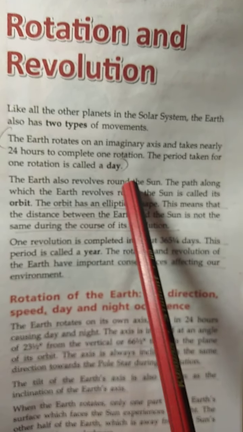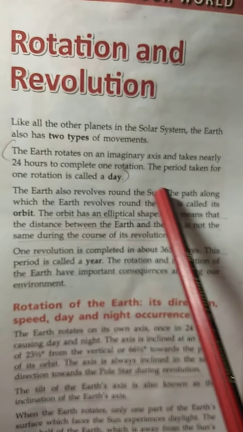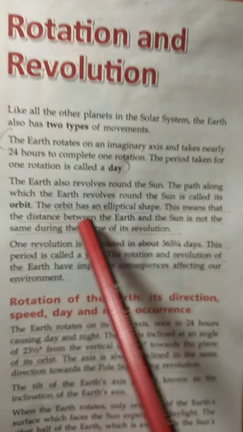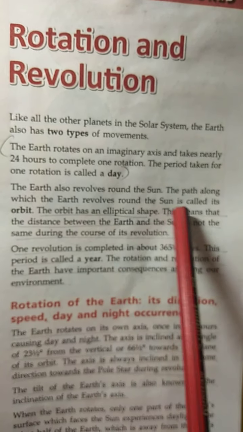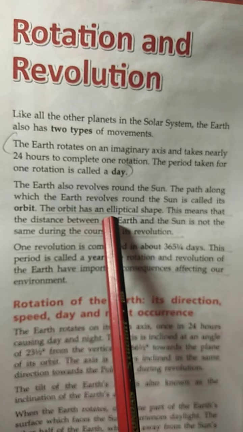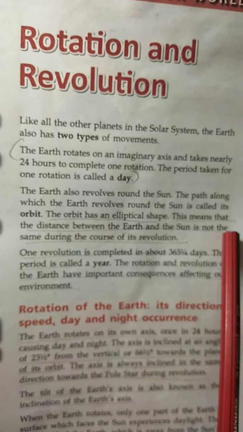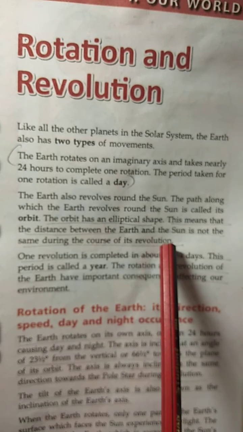In fact, all the other planets also take an imaginary path, an orbit, around the sun while they are revolving around it. The orbit has an elliptical shape. This means that the distance between the earth and the sun is not the same during the course of its revolution.